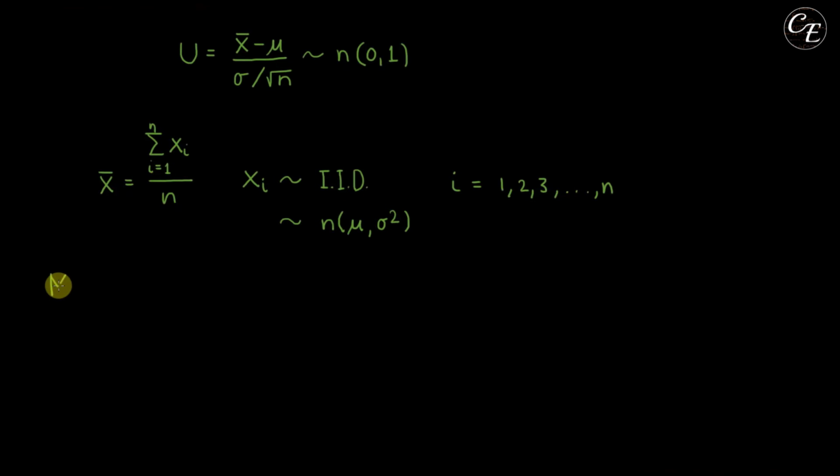So we have the formula for the moment generating function. It is the expectation of e raised to u times t, and then substituting this for u, we have the expectation of e raised to x bar minus mu over sigma over square root of n, times t.